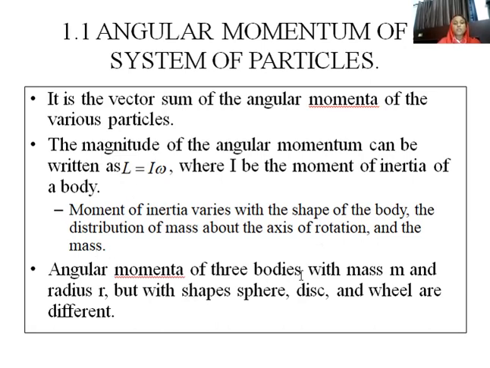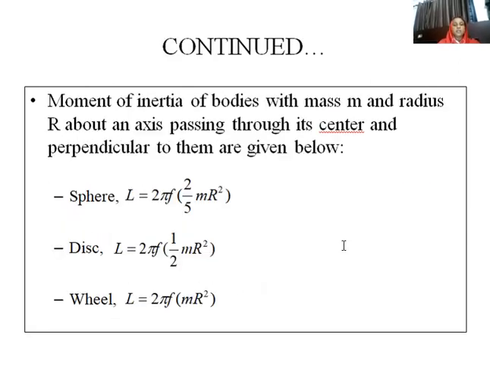Consider the angular momenta of three bodies with the same mass m and radius r, but with differing shapes: sphere, disk, and wheel. We can see this in the next slide. If the body is in the shape of a sphere, its angular momentum is 2 pi f into 2 by 5 mr square, because the moment of inertia is 2 by 5 mr square.